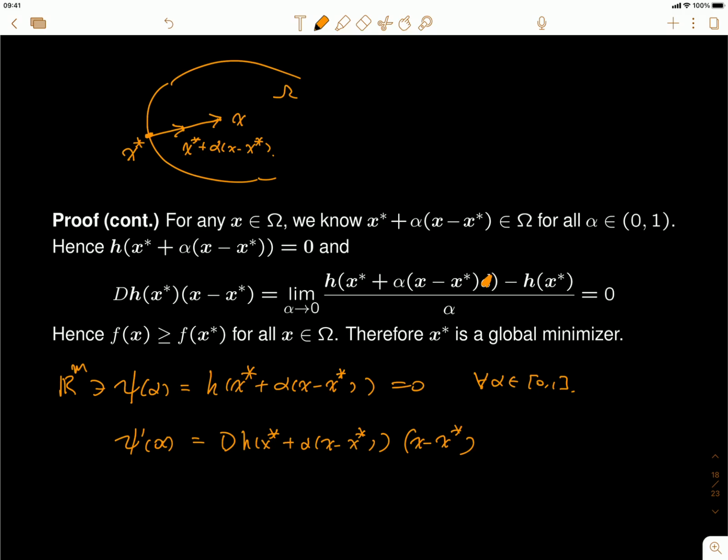Then we set alpha to 0, and we get dh, the Jacobian of h, at x star, times x minus x star, since the alpha term vanishes. This must be equal to 0, since psi is a constant function, so its derivative must be equal to 0. And that means this is equal to 0.